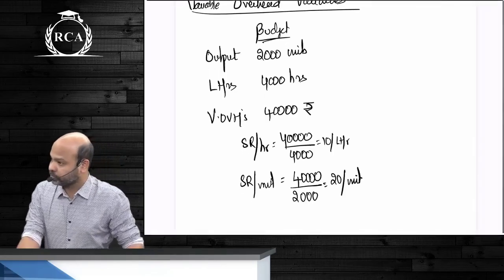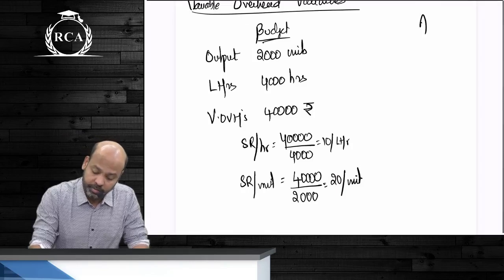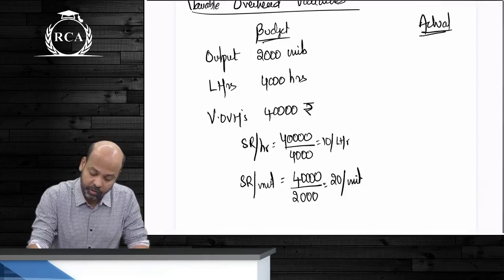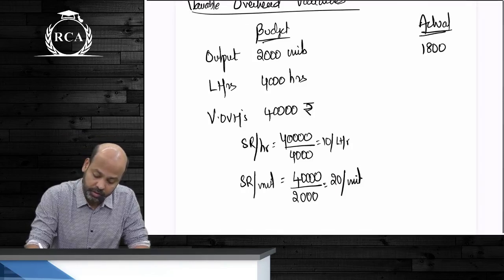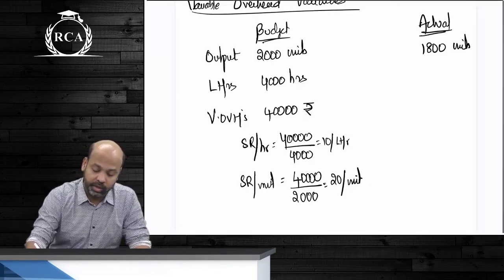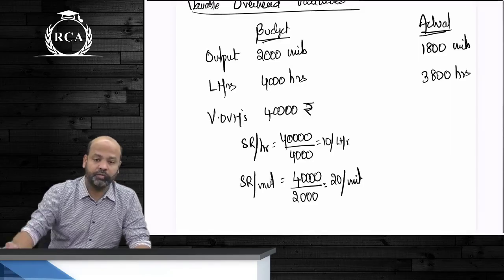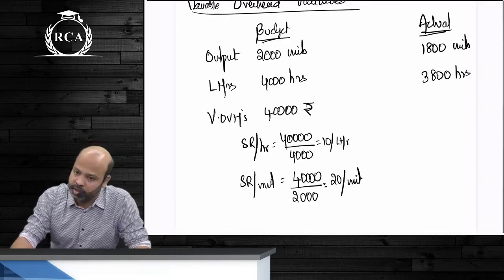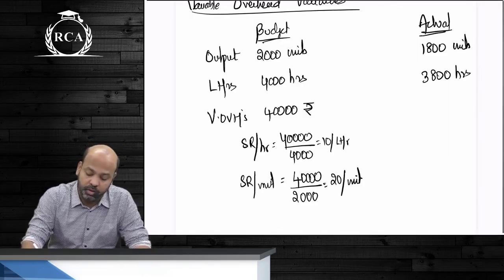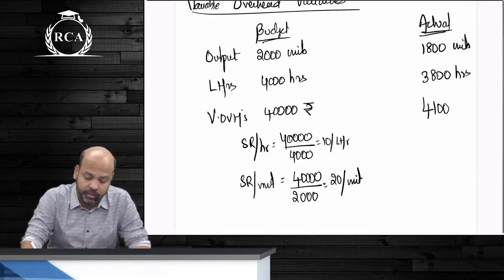Alright. Let's say that the actual output is 1800 units. And for these 1800 units, the number of hours that you have worked is 3800 hours. The total variable overheads that we have incurred is 41,800 rupees.